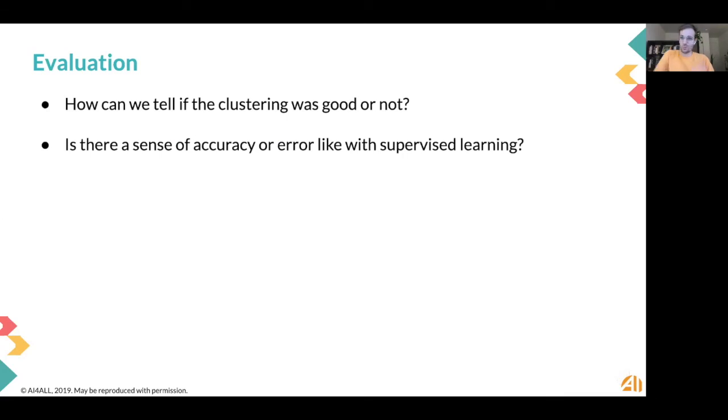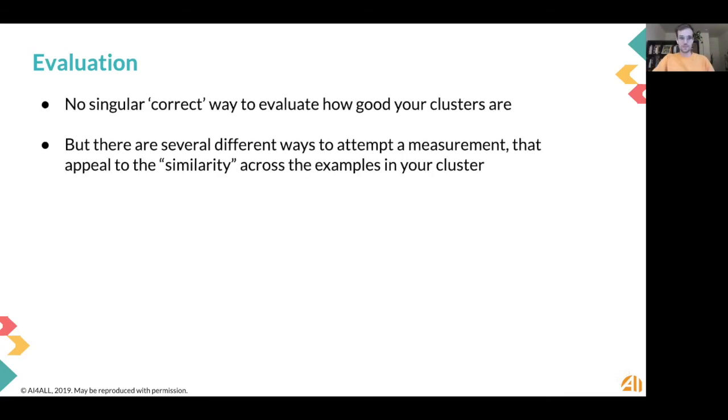But what is the analog of that for unsupervised learning? Well, this continues to be an interesting area of study to evaluate the goodness of unsupervised metrics. But there are several ways that can essentially look at how well it captures the overall similarity within and across clusters.